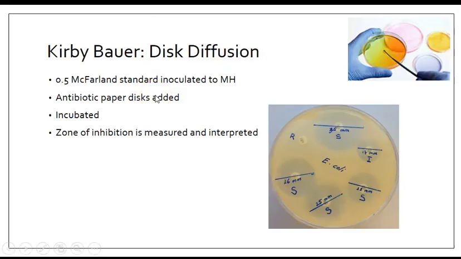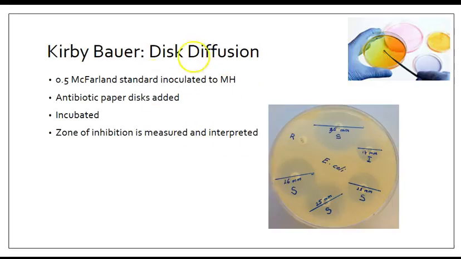Okay, so this is the first method that came about, and it's called the Kirby-Bauer disc diffusion. And this is what you did when we did staph. I think you should have set up a bacitracin and or a novobiocin or PDIS. It's the same concept.